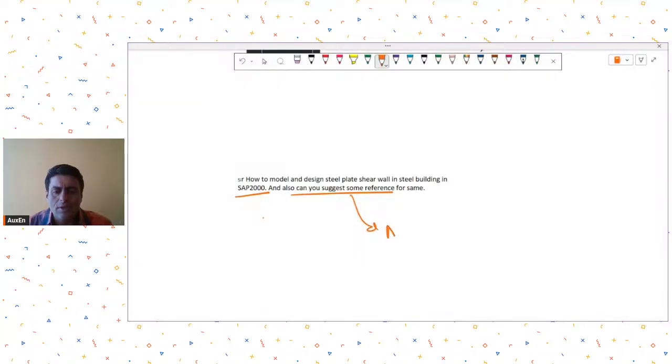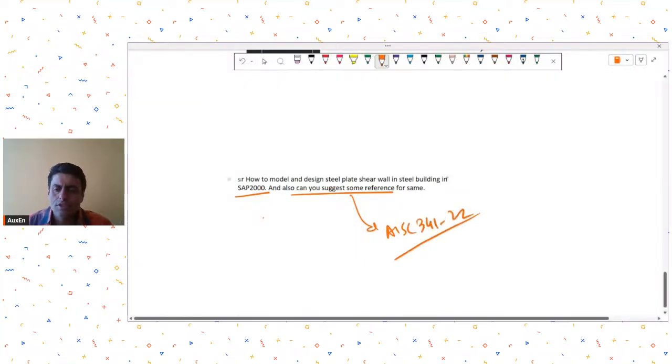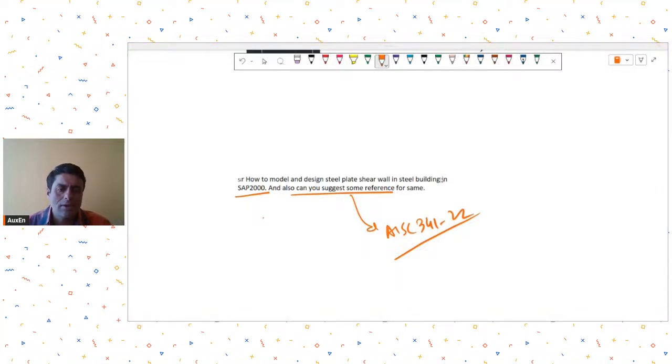For reference, I think you can refer to AISC 341, the seismic provisions for steel buildings, which has a chapter on steel plate shear walls and modeling aspects.